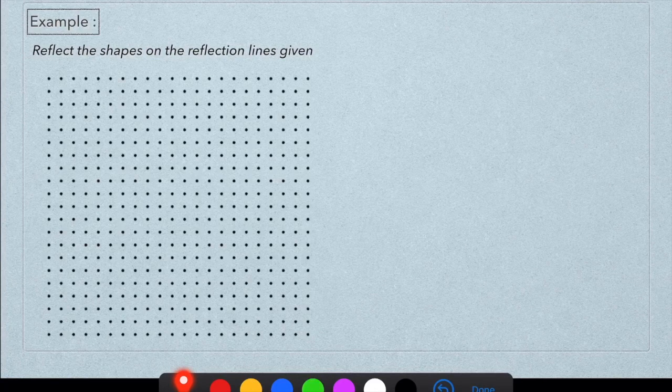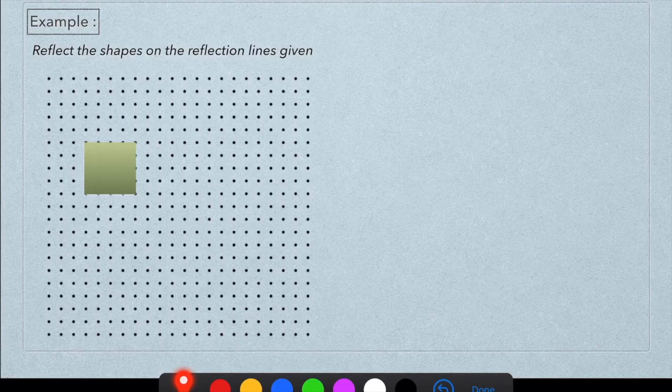Let's just start with an example about reflection. Reflect the shapes on the reflection lines given. Then we have our pegboard now. We have our square here. As I told you, it's all about reflection, so we need to have a reflection line.